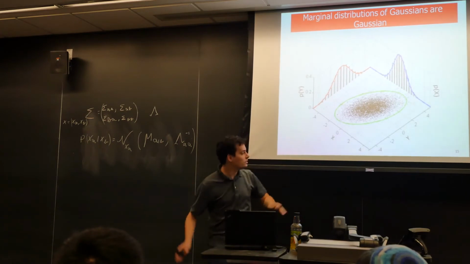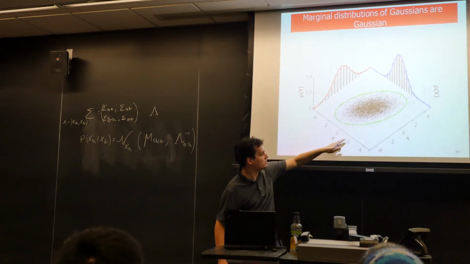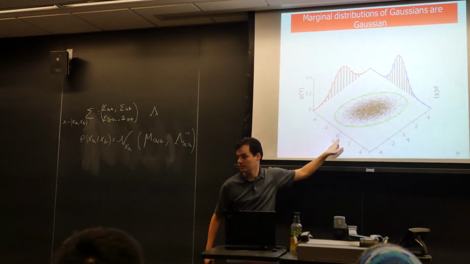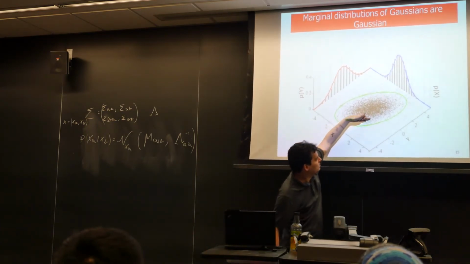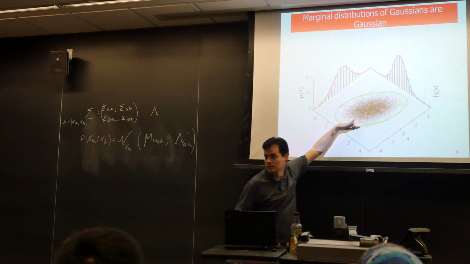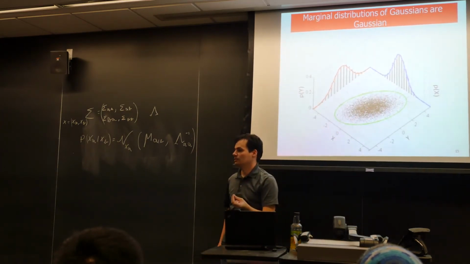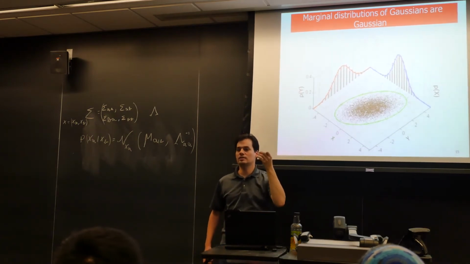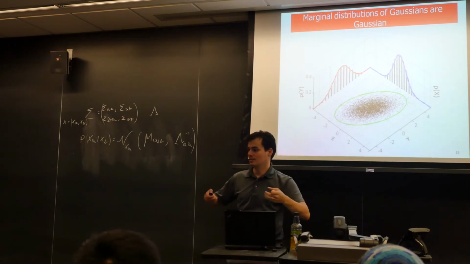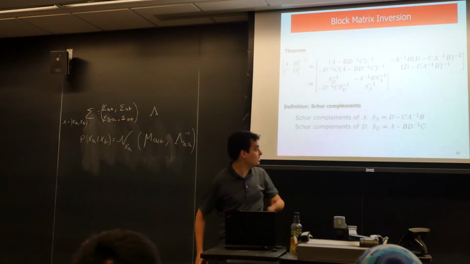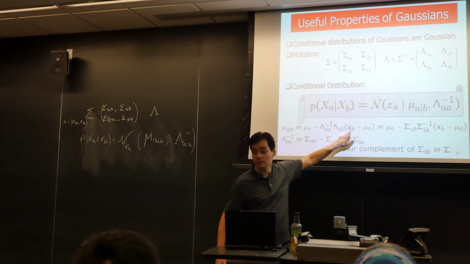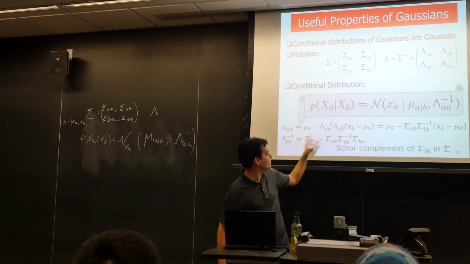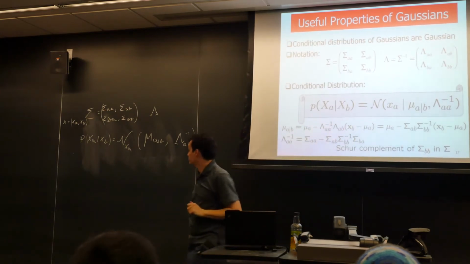I want to calculate the conditional distribution of this Gaussian given XB. That distribution has to depend on XB. It just turns out this is how it depends on XB: the mean will be shifted from mu A to this value, which will be the new mean.